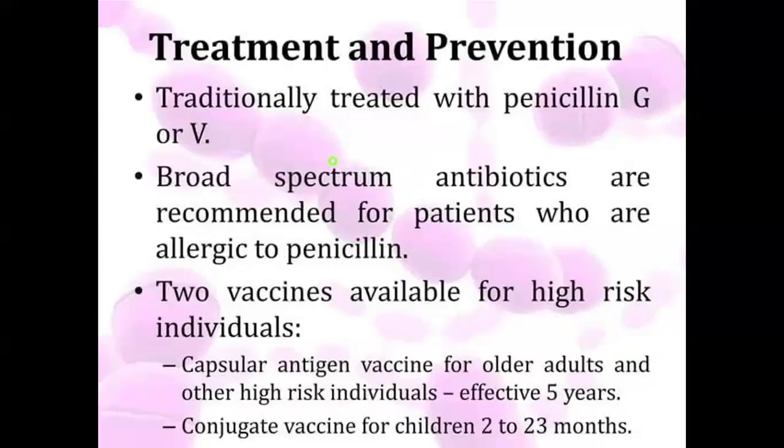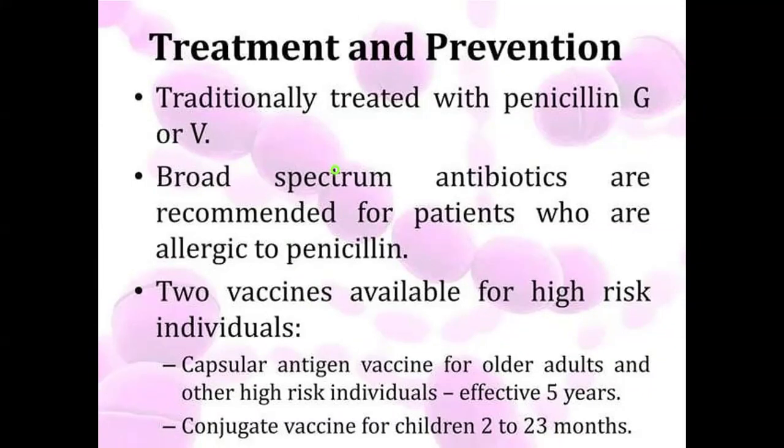One thing I want to mention here is the reason we give vaccines: strep pneumoniae is cleared from the body via the spleen. The macrophages engulf the bacteria, take it to the spleen, and it is cleared through the spleen.